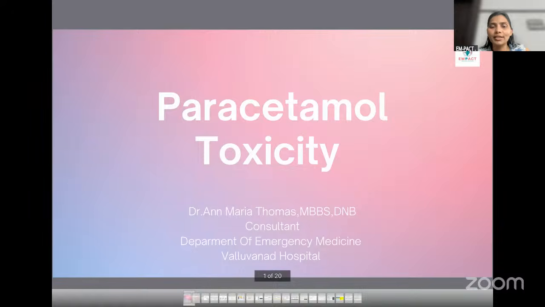And it will generate an active component called NAPQI, N-acetyl-p-benzoquinone imine. It is highly dangerous. However, fortunately, in normal circumstances, this will be rapidly detoxified by our glutathione, our barrier. So when does the liver injury occur? When paracetamol is consumed in a large quantity, the first pathway will be saturated.